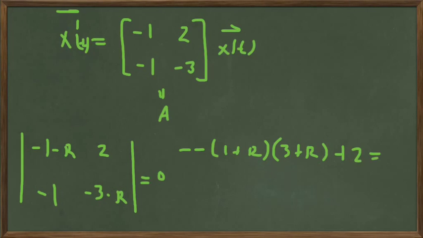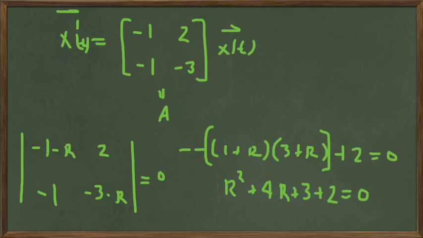So all of this is positive. R squared plus 3R plus R plus 3, and then plus 2, so it's R squared plus 4R plus 5 equals 0.